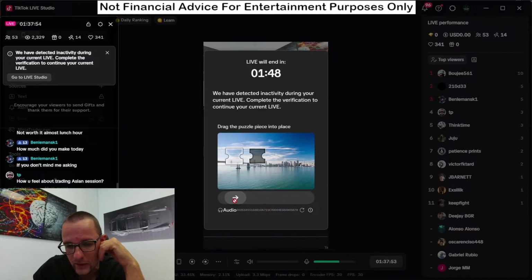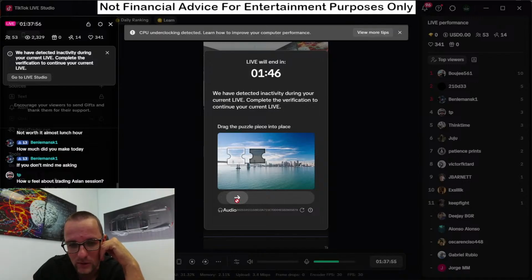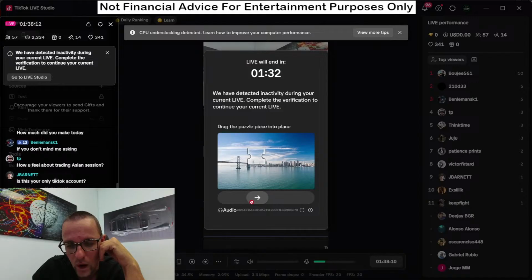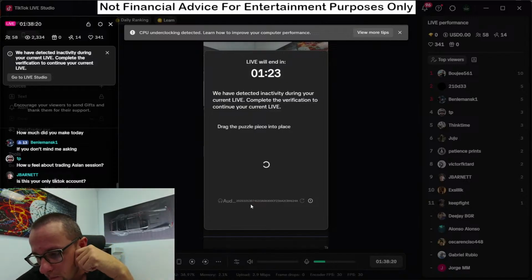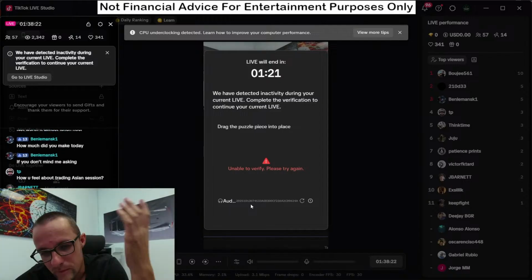I thought I was the only one having it, but everyone has the same problem. You would think a company that makes billions of dollars can figure out how to make a normal verification puzzle. Nope. Wild.